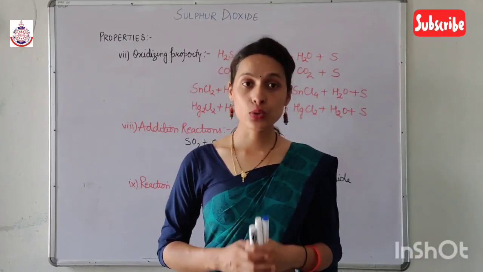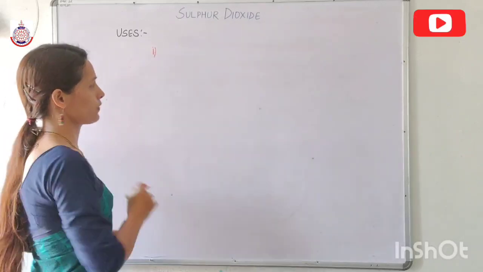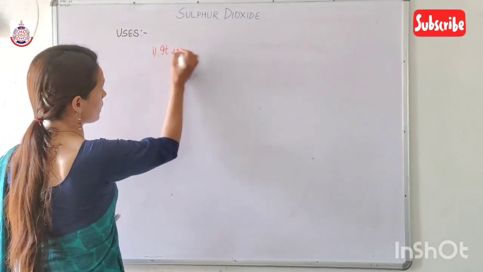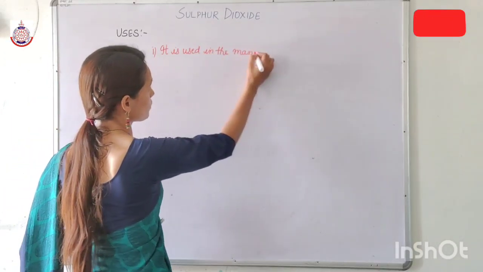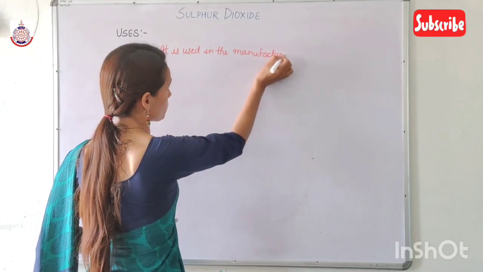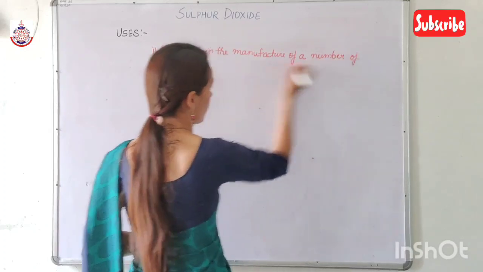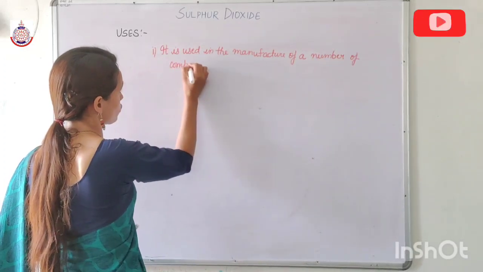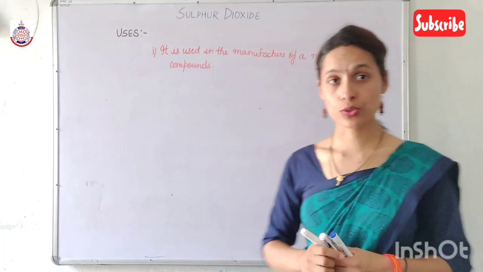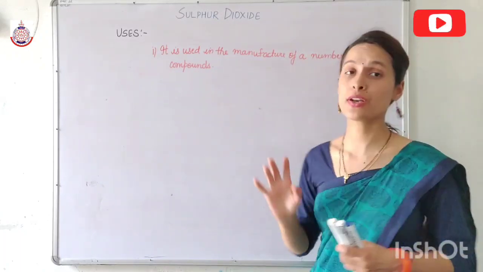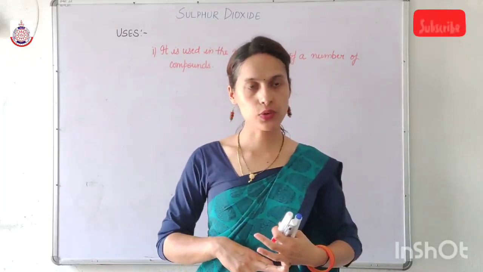Now we'll study the uses of sulfur dioxide. So the very first use of sulfur dioxide is in the manufacture of a number of compounds, like sulfuric acid, sodium hydrogen sulfite, etc. Without sulfur dioxide, we can't prepare sulfuric acid.